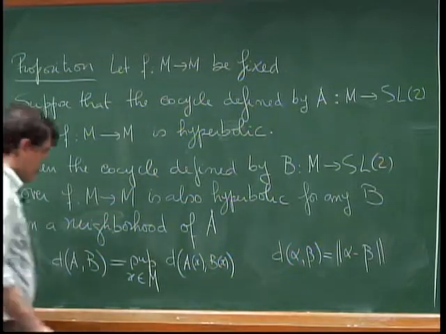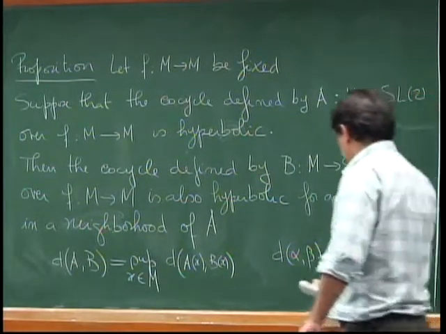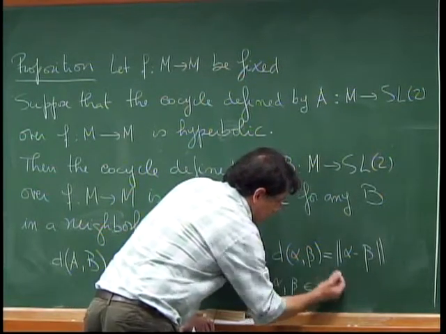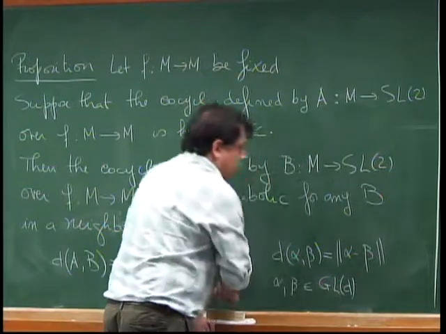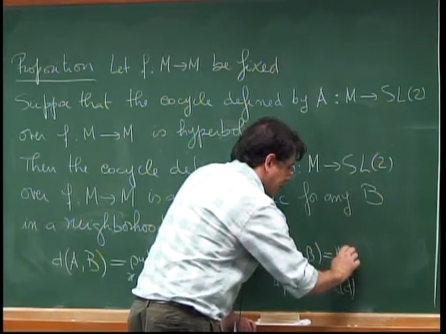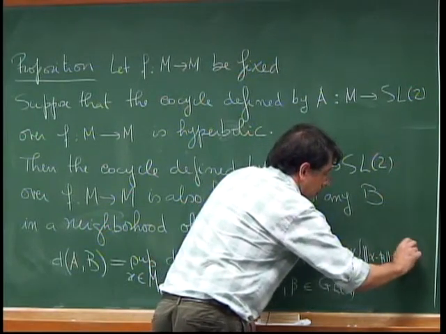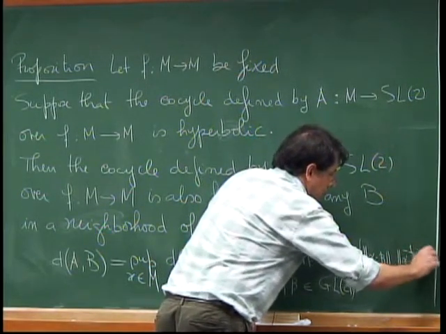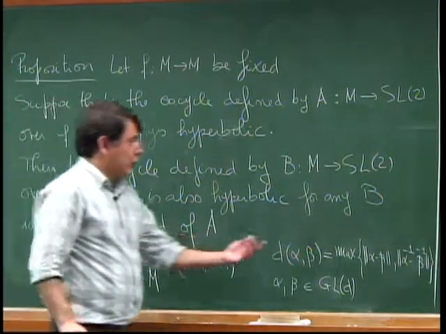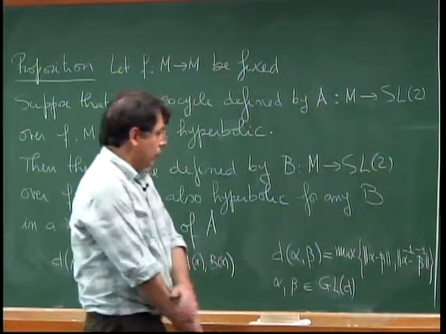In fact, this is for alpha and beta in SL, say in GL(d). If I do it in GL, this is not the distance that I want. I want the maximum between the norm of alpha minus beta and the norm of alpha inverse minus beta inverse. But in SL, for matrices with determinant 1, if you control the difference between the matrices, you control the difference between the inverses as well. So in SL we don't need a second part.